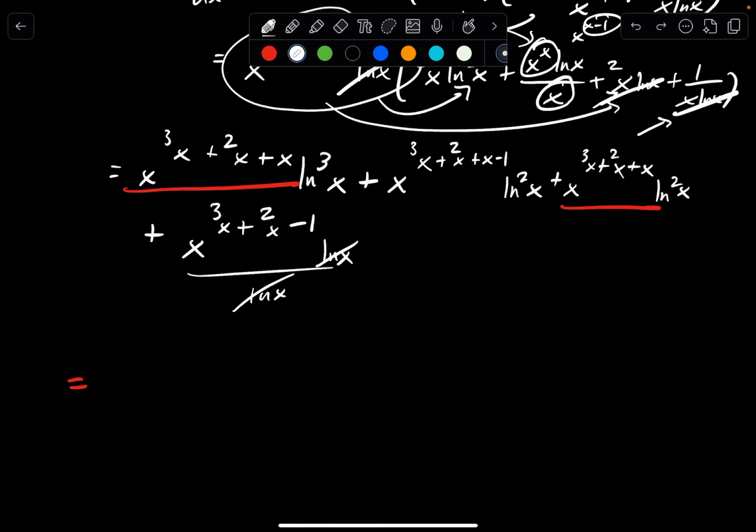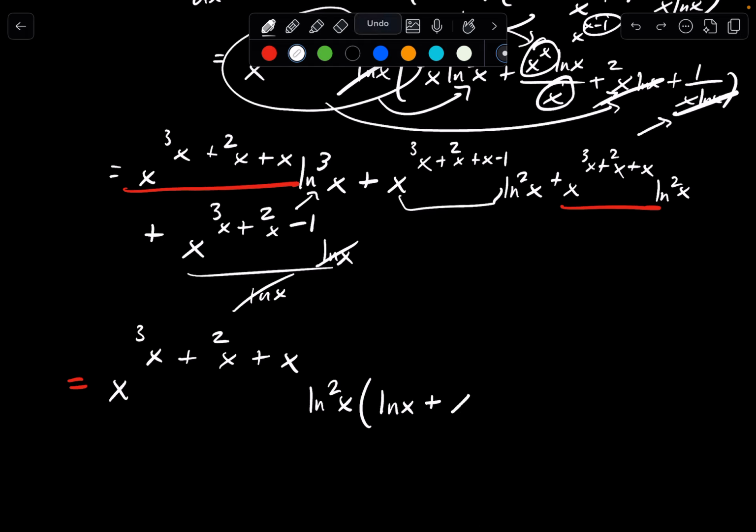We get x to the x tetration 3 plus x tetration 2 plus x, and then ln squared x, that factors, ln of x, because that's where that ln comes in, and then what do we get here when we're distributing this to get this? X to the minus, well, plus 1 over x, because that's x to the minus 1, and when we multiply that out, we get that minus 1, which goes over there.